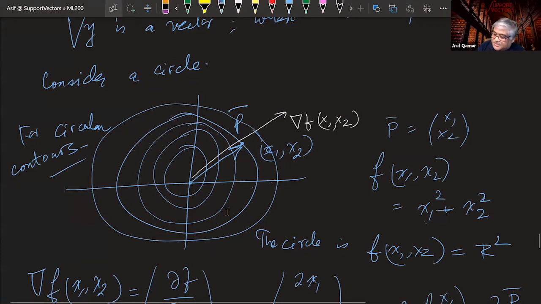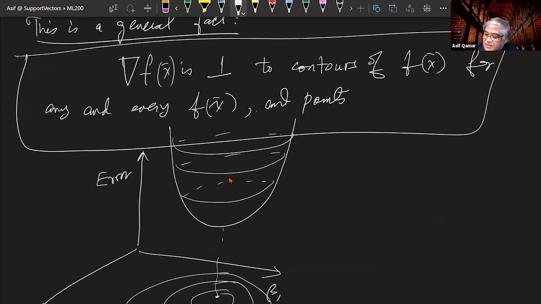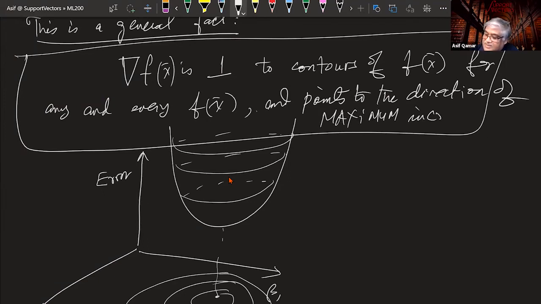So the second observation is that the gradient is perpendicular to every f-constant surface, and points to the direction of maximum increase of f at that point.